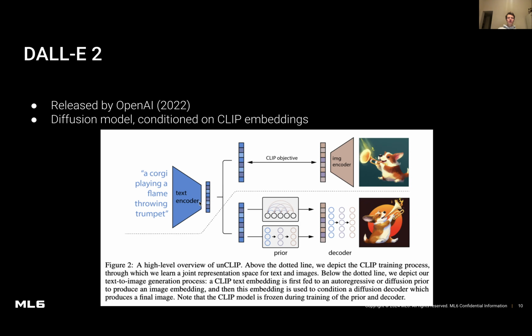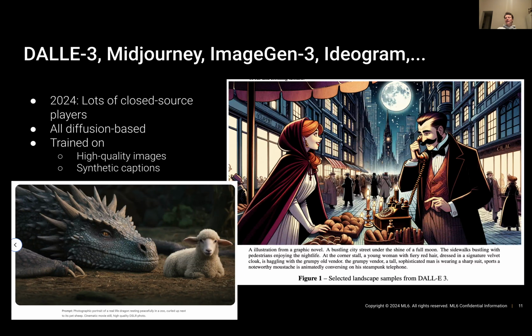And then you would basically condition a diffusion model on that text embedding. But again, I'm not going to go into details regarding the entire process because DALL-E 2 is quite sophisticated. And then from that moment on, results started to look very, very impressive.